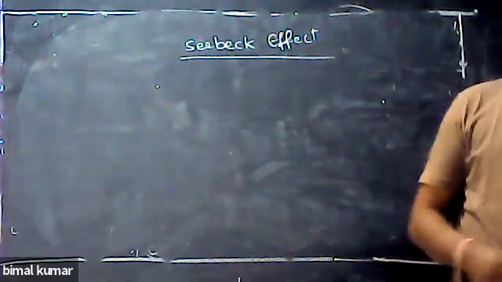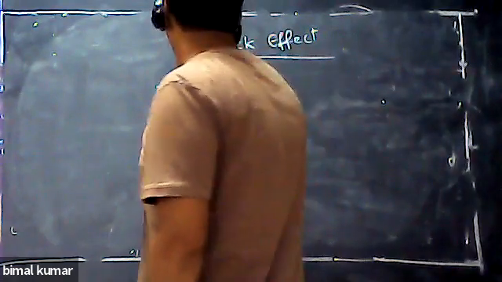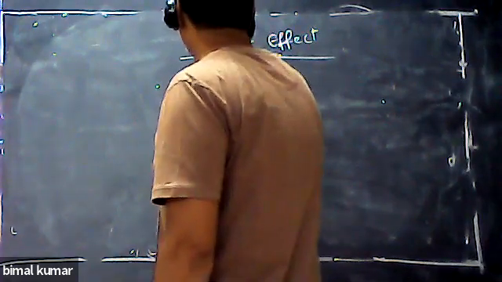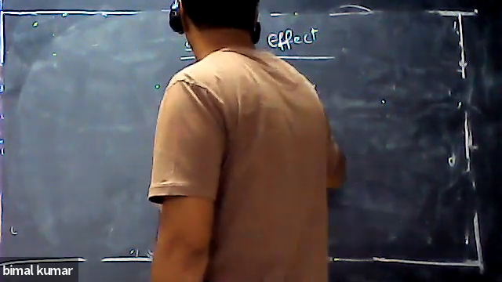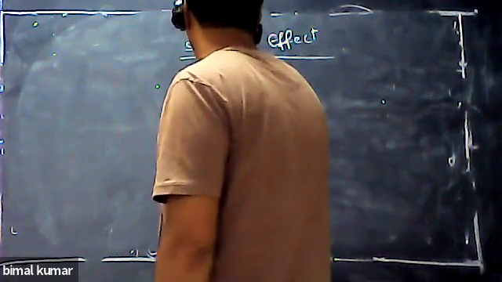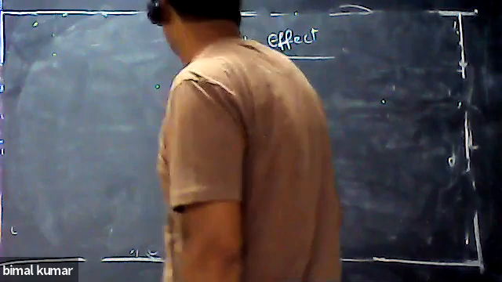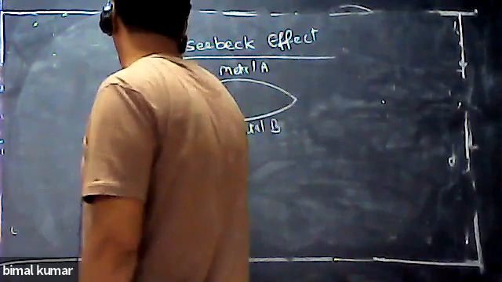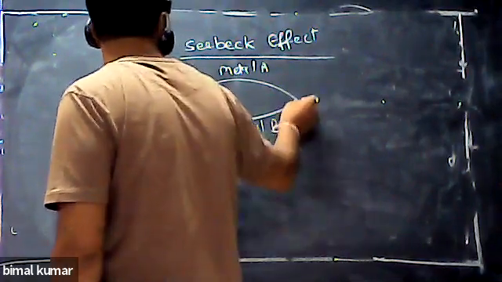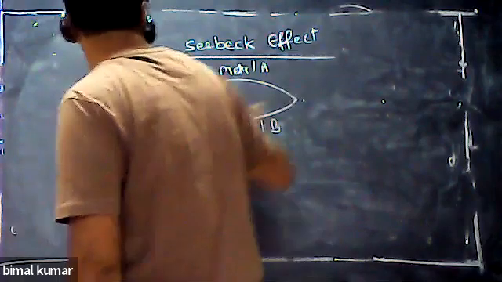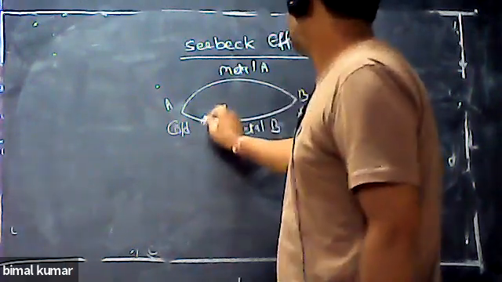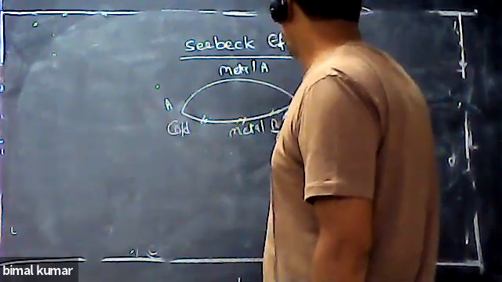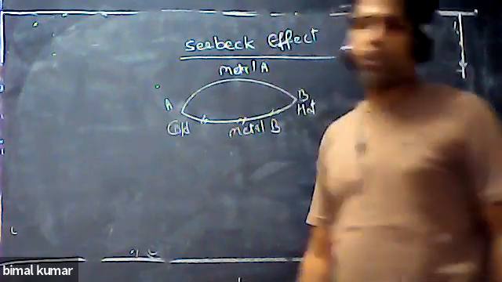So in case of this Seebeck effect, let us say this is your metal A and this is your metal B, right? Let us suppose this is your junction A, this is your junction B. One end is kept as a cold junction and another end is kept as a hot junction.